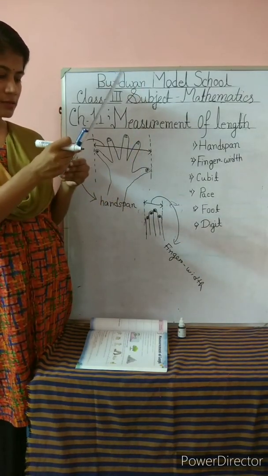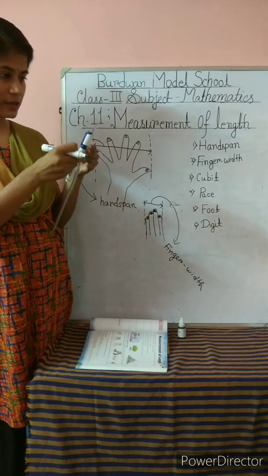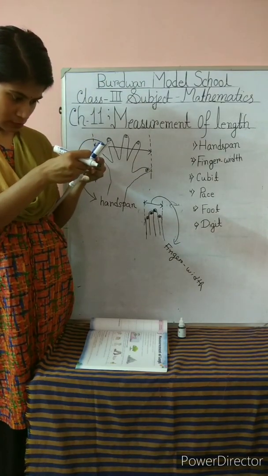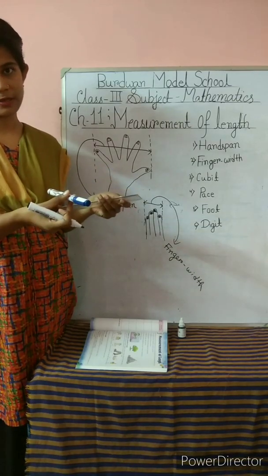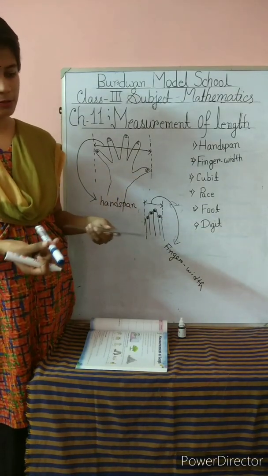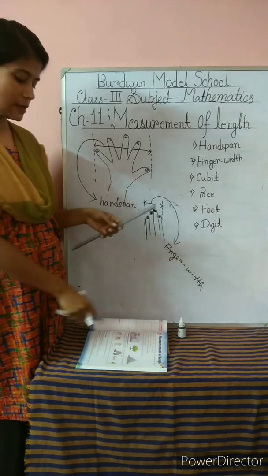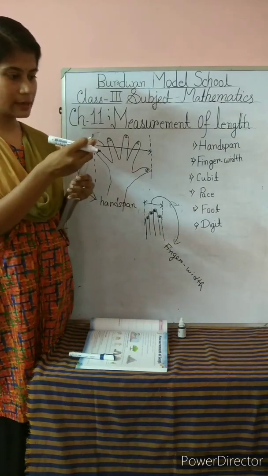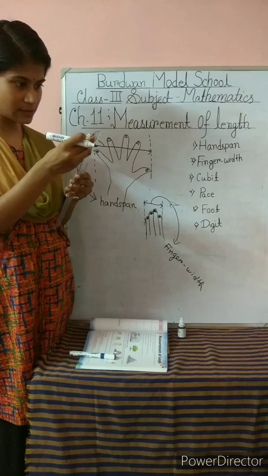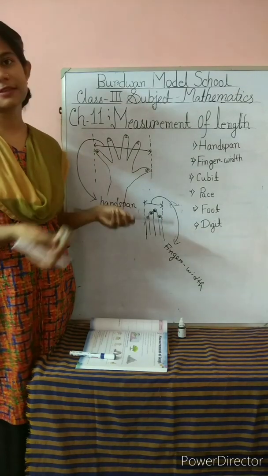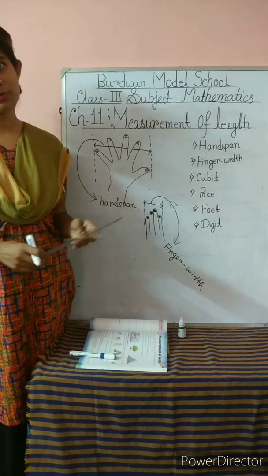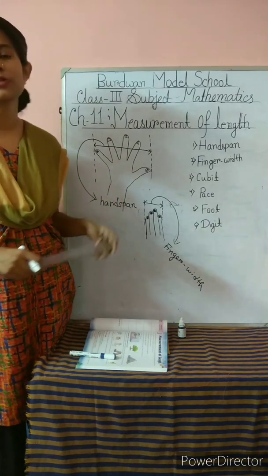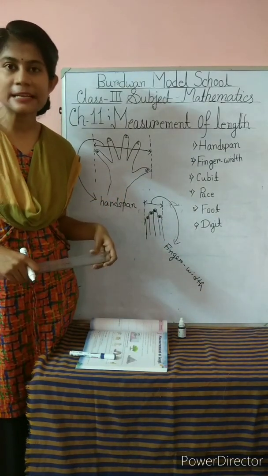See, if you measure it, it's 0 to 14.5 centimeter. Not even 15 centimeter. It's less than 15 centimeter. And see, the eraser is 0 to 3 centimeter. It's 3 centimeter. So for measuring all the smaller lengths, we usually use centimeter.